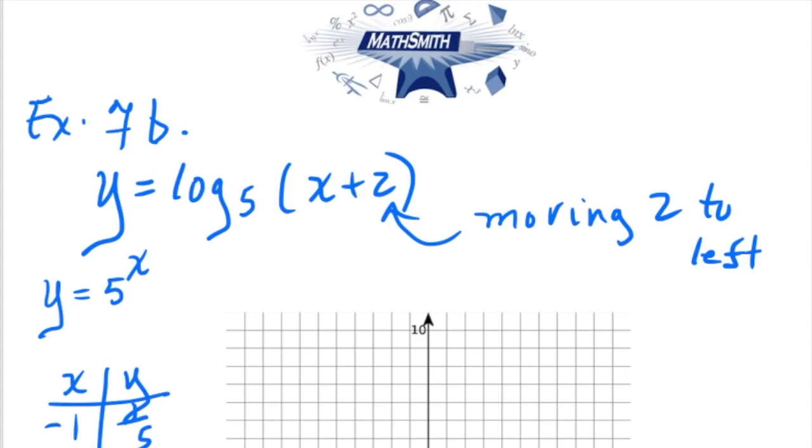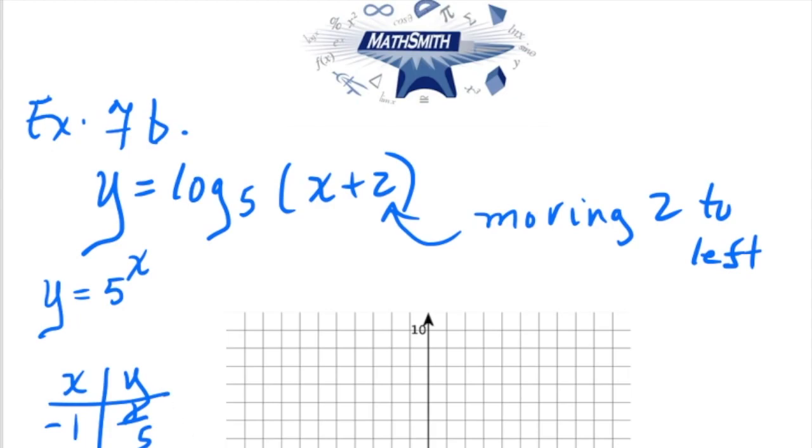So at 1/5, I don't know where that is, I'm just guesstimating, and then I'm down at -1. Then at 1, we're at 0. And then at 5, I am up at 1. Now, what are we going to do? We're going to shift all of this over 2.